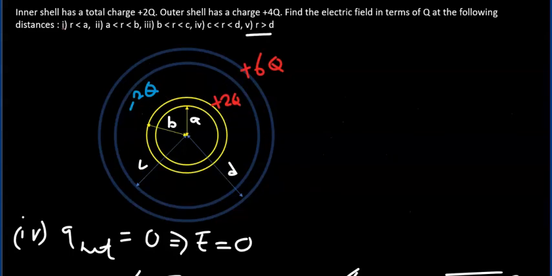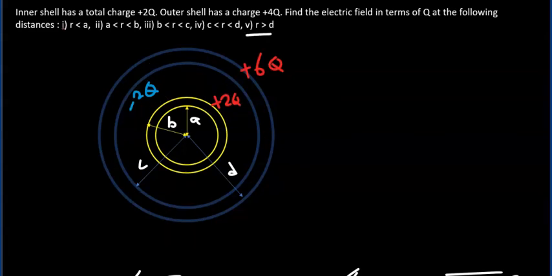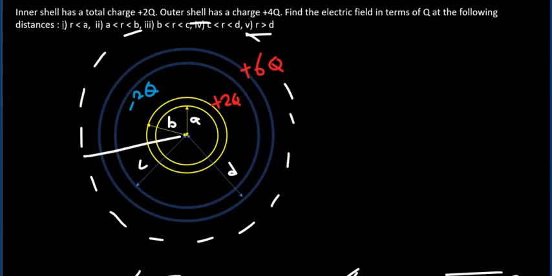Now part 5, r is greater than D. R greater than D refers to the region outside both the shells. So something like shown by that dotted surface, the radius is r.